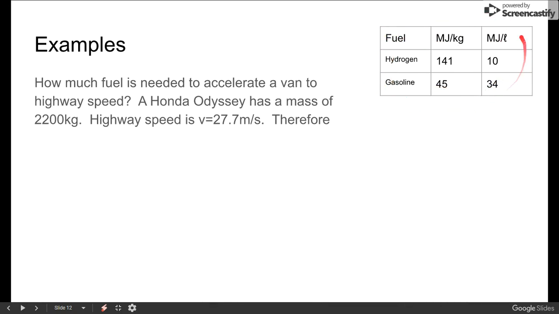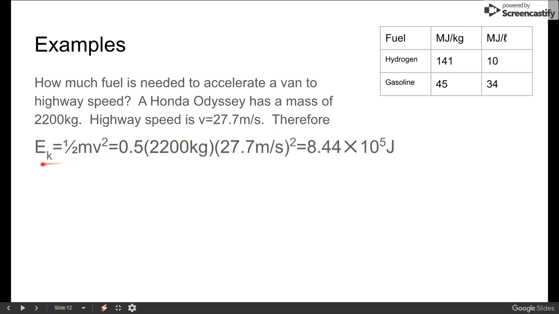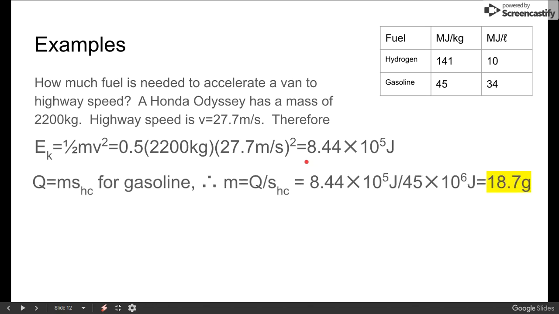Therefore, we'll look up the fuel combustion of these 2 fuels here. So if I want to get my car up to highway speed, I'm going to need 844,000 joules of chemical energy. Now, for gasoline, the energy is 45 million joules per kilogram.